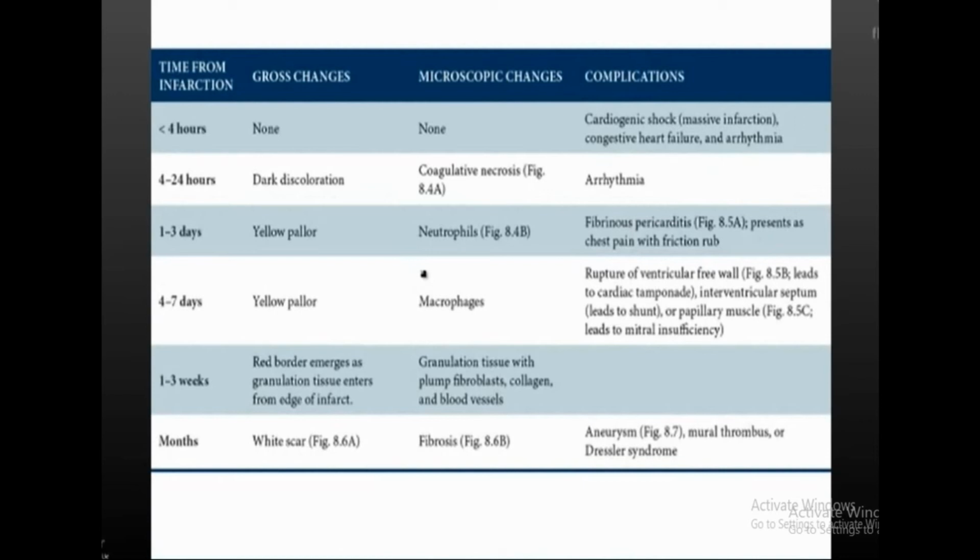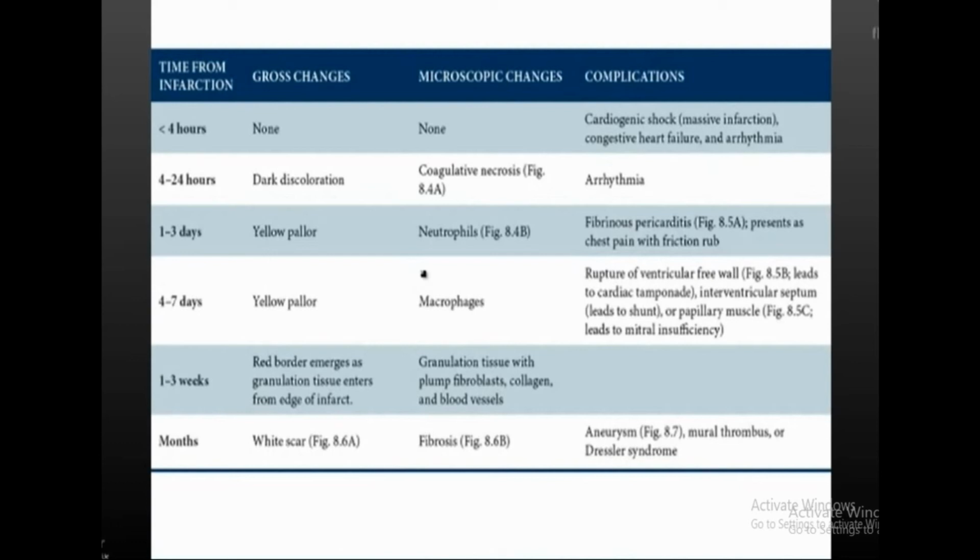The foundation of scar formation is granulation. These are the points we need to remember. The gross change in the inflammation is yellow pallor. The inflammation happens within 1 day to 1 week. Neutrophils come in 1 to 3 days, and macrophages come in 4 to 7 days.